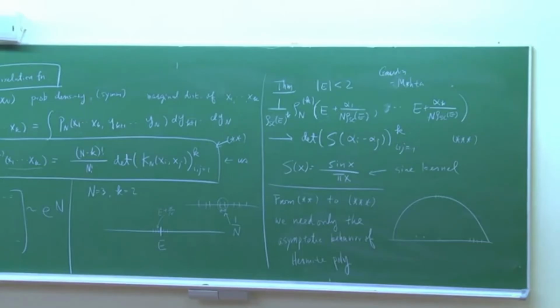It's not asymptotic. Cosine of square root n of x plus order little o.